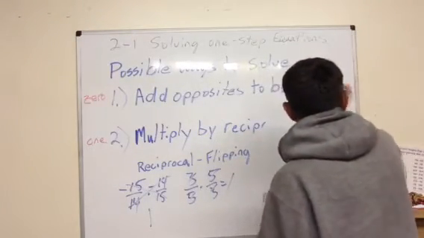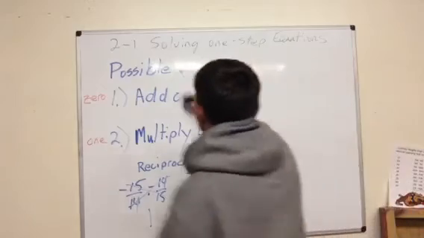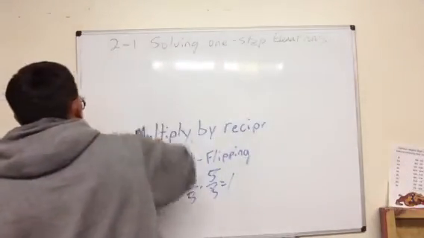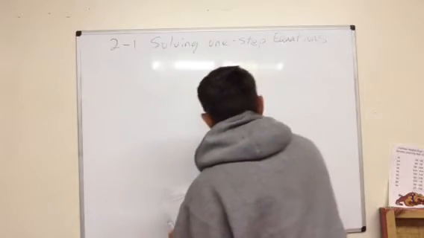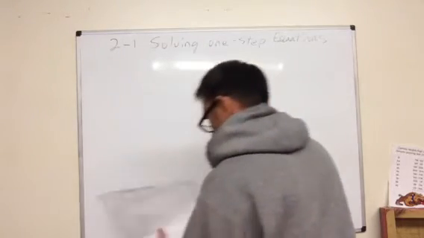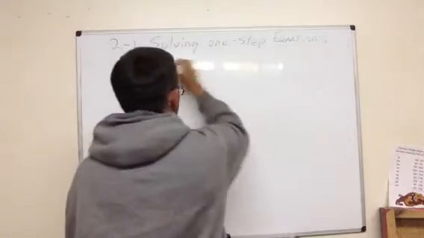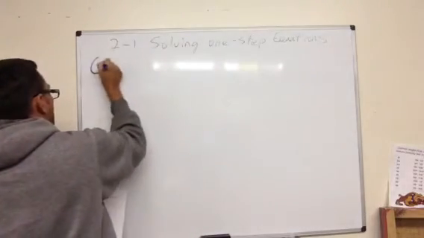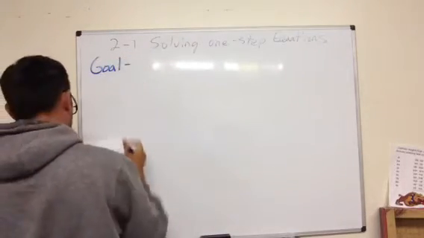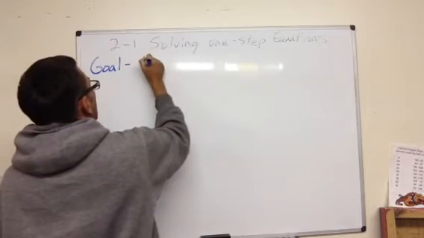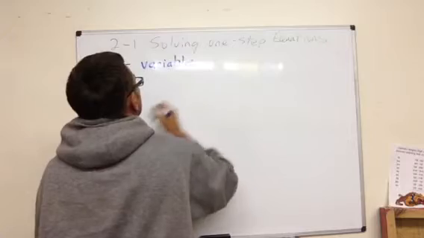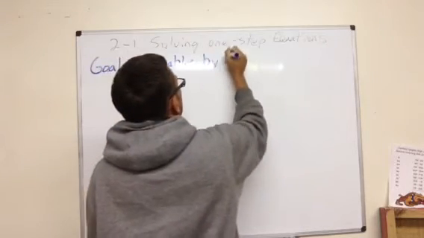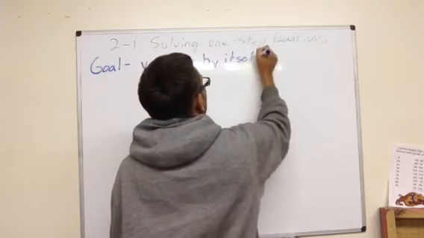Now, when we're given an equation, we need to think about what our goal is. And you want to fill this in. Our goal, whenever we're solving an equation, is to get the variable by itself. Now itself, think about that.